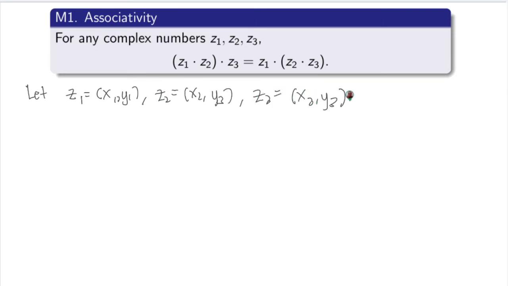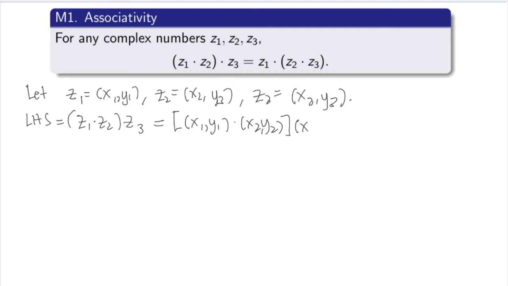So we have the left hand side equals (C1 times C2) times C3. Plugging in the values of C1, C2, and C3, we have the quantity (x1, y1) for C1 times (x2, y2) for C2, and then multiplied to (x3, y3) for C3.